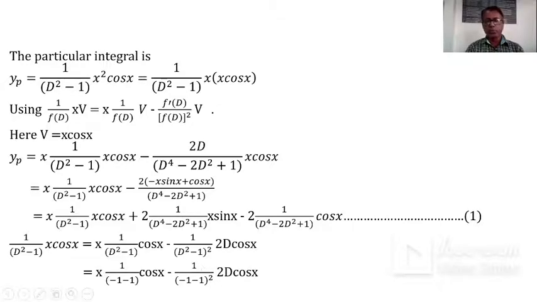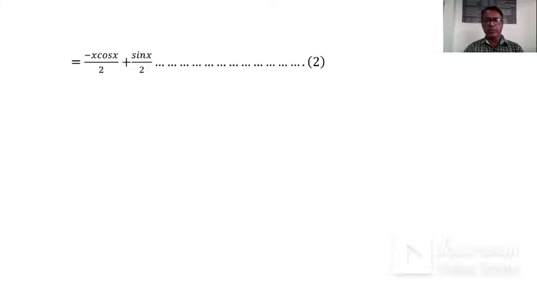This is 1 upon minus 2 square, 1 upon 4, and these 2 get cancelled. This is minus 1 half, and the derivative of cos x is minus sin x, and this becomes minus minus plus. Therefore, we get minus x cos x upon 2 plus sin x upon 2. This is the first term.